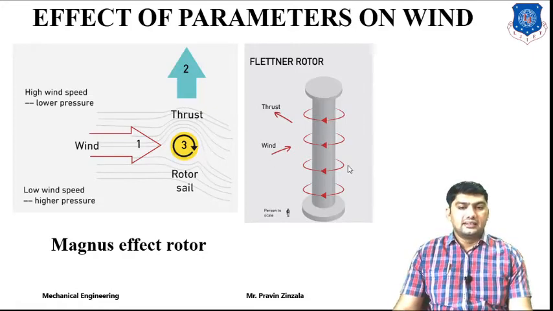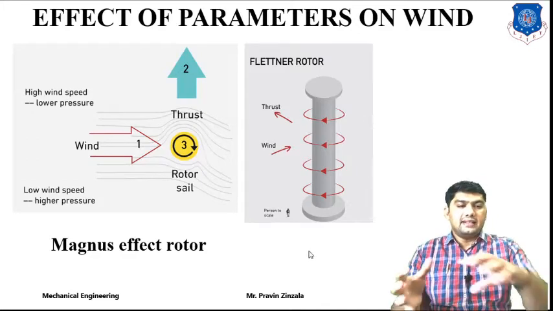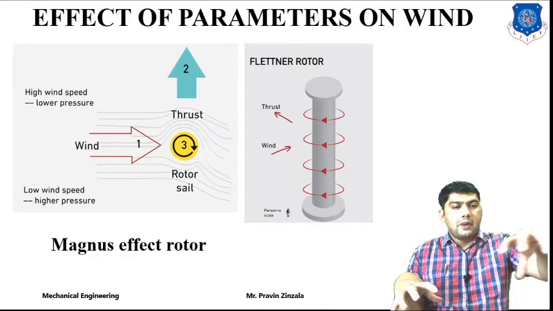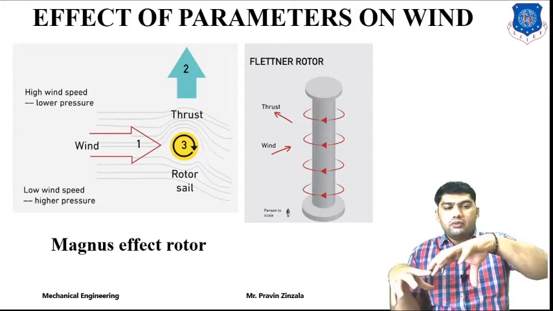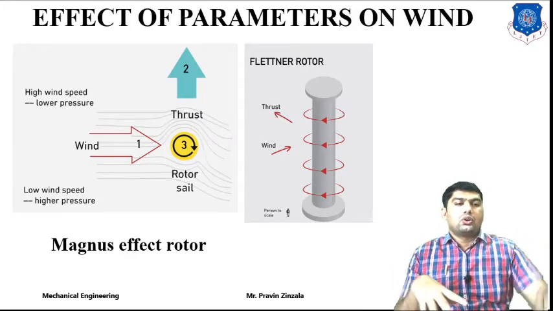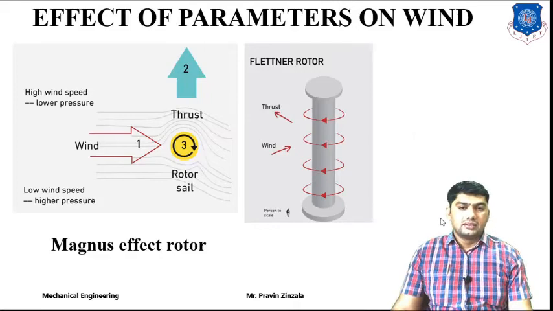Same as with this cylinder, whenever air strikes in this direction, it tries to rotate the rotor. Likewise, whenever a cylinder is moved in a circular path, it also tries to rotate. So it is called the Magnus effect.